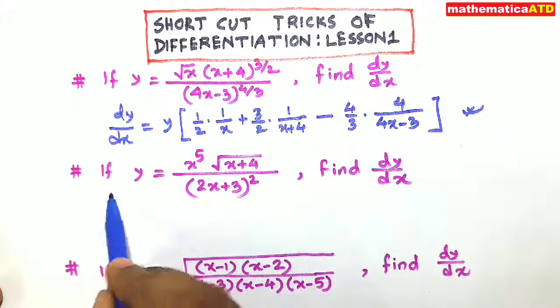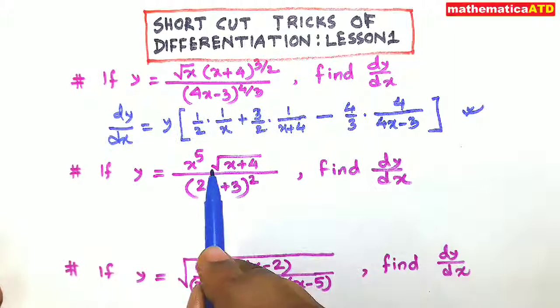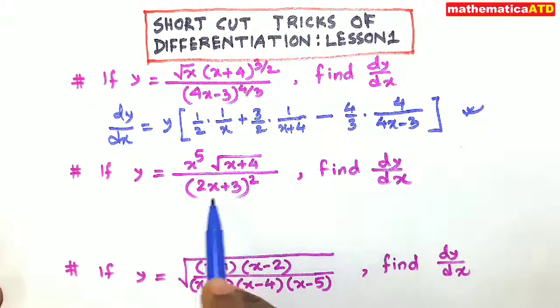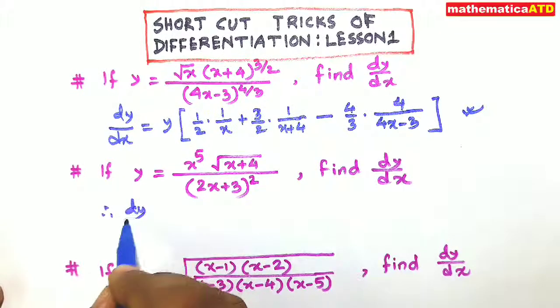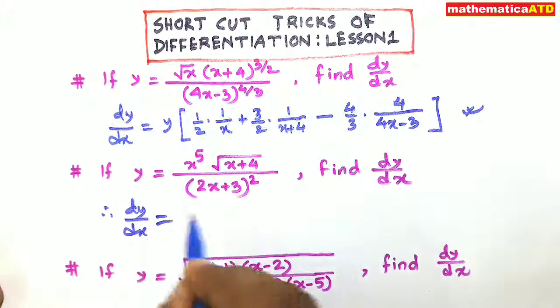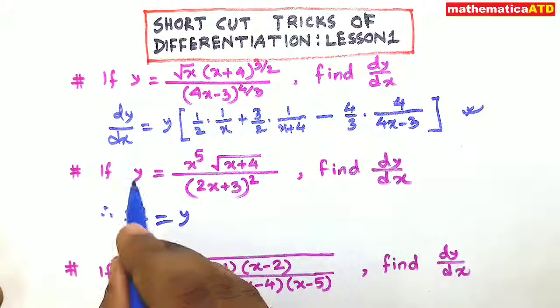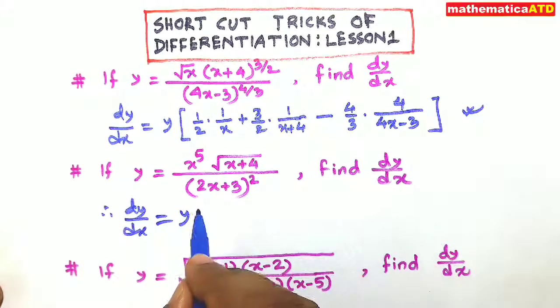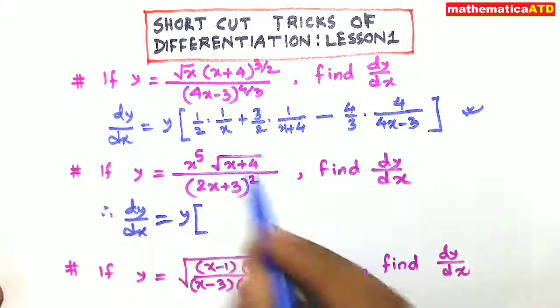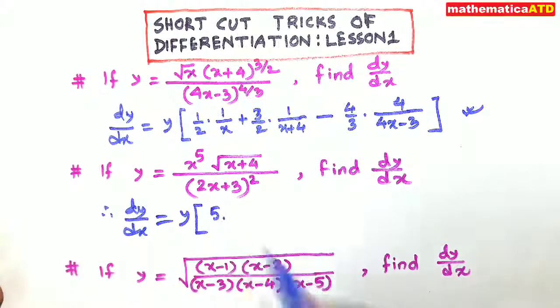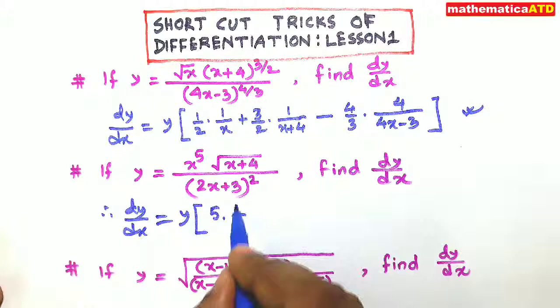The second example is y is equal to x to the power 5 into root over (x plus 4) upon (2x plus 3) whole square, find dy dx. So friends, dy dx is equal to, in the usual format, you put y, this total expression, in a bracket, and first of all you see x to the power 5, the power is 5, so put 5 into 1 upon x.